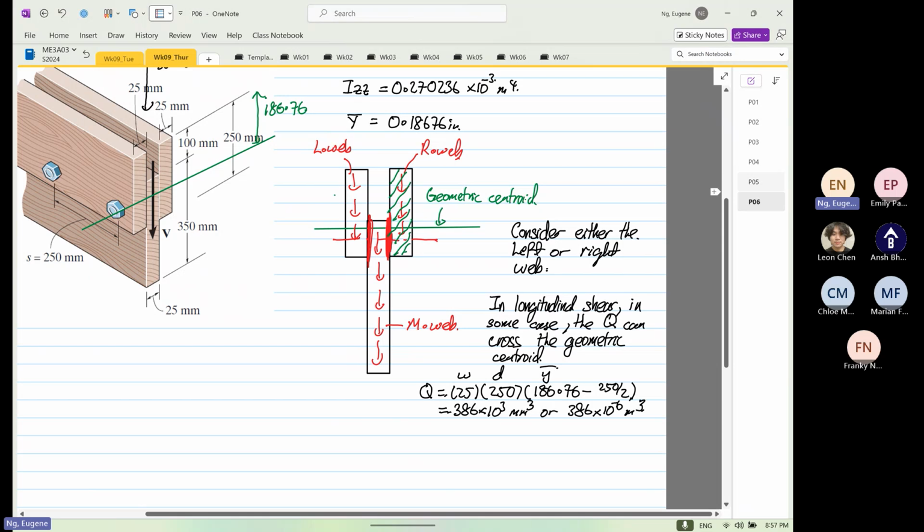Okay, so from over here, you know that q is equal to VQ over I, where V is 35 times 10 to the power 3, Q is 386 times 10 to the power minus 6, and I is 0.270236 times 10 to the power minus 3.